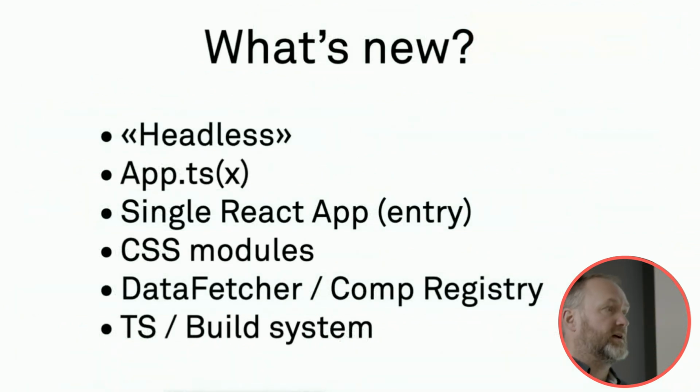What's new in React4XP 6? Because those of you that have been using version 5 are probably curious about this. And the first point here, I just call it headless. It's because you can now build and maintain the React4XP as a separate frontend, detached from your schemas, just like you would with another frontend.